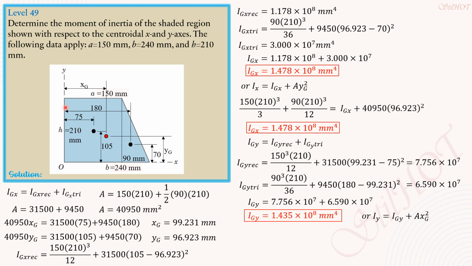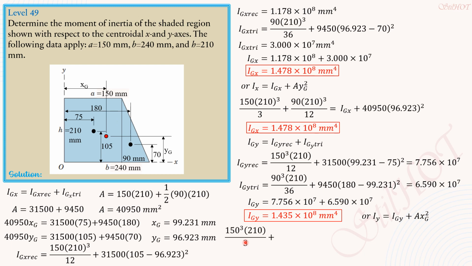Now to solve for Iy, the y-axis is also coincident with the h. So the formula is b cubed h over 3 for the rectangle. But for the triangle, we need to transfer it, so it is 90 cubed times 210 over 36 plus area of triangle times 180 squared.